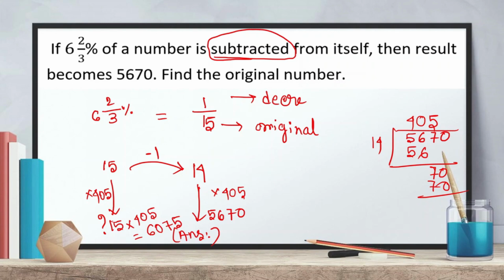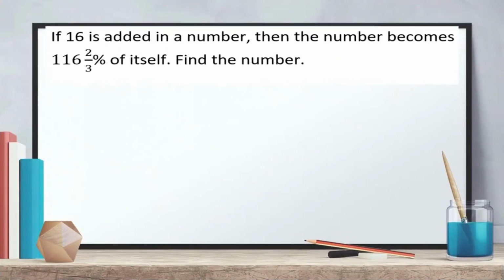Okay, let's see another example. If 16 is added in a number, then the number becomes 116 whole 2 by 3 percentage of itself. Find the number. So here 16 is added. So how much is added? It is given, and the number becomes 116 whole 2 by 3 percentage of itself. That means final result is given.